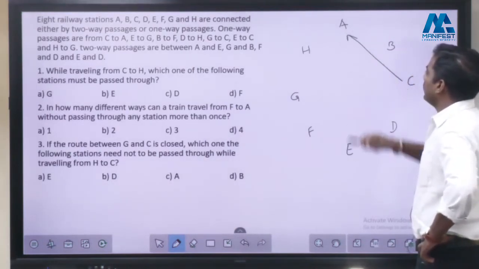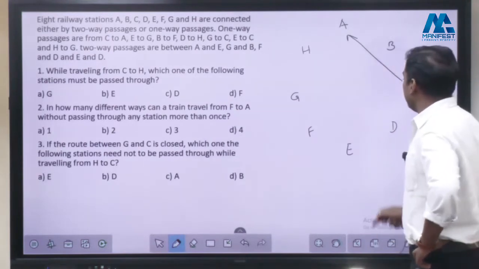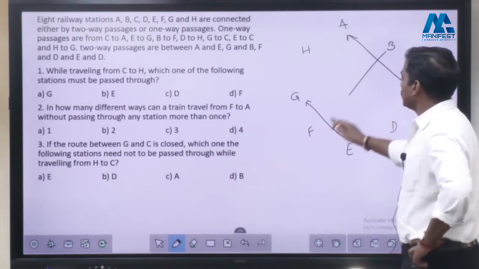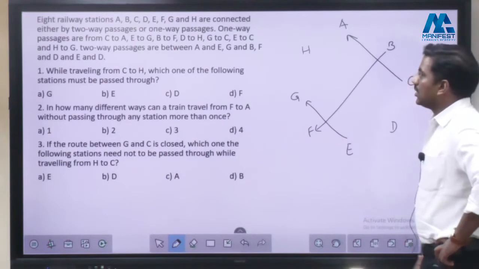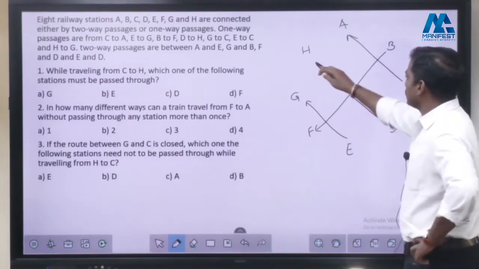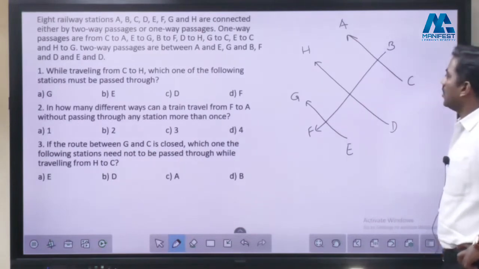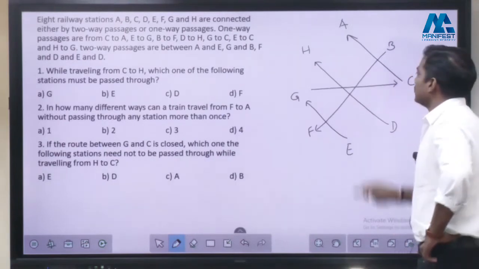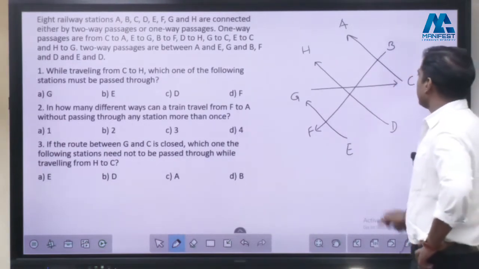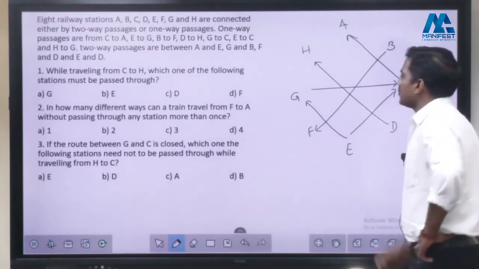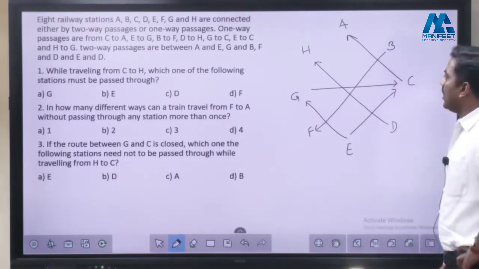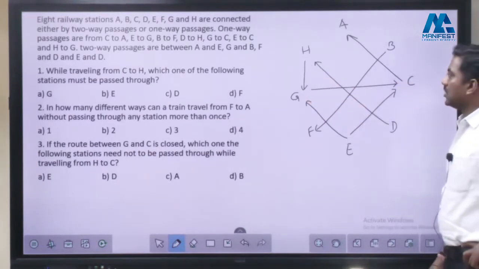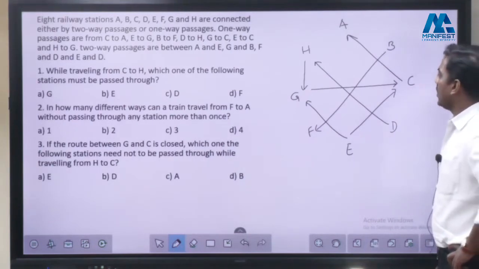C to A. E to G. B to F. Then D to H. G to C. E to C. Then H to G. Done. Then two-way passages. A to E.